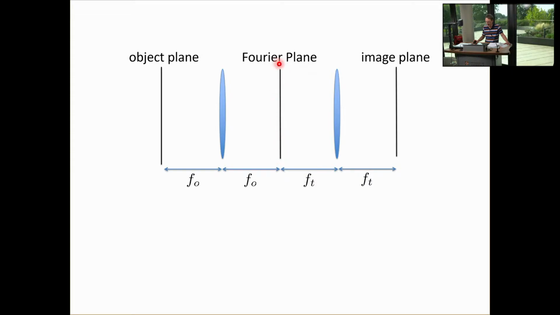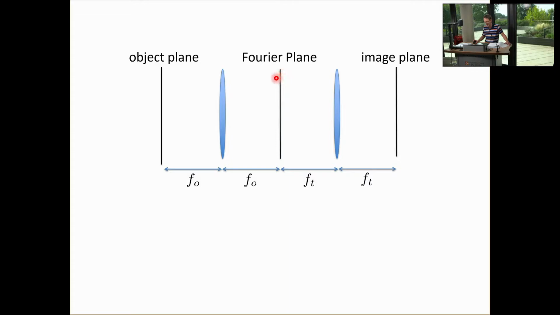And then essentially what we end up with here is the spectrum, the spatial frequency distributions of the object information, the object field distribution, here in the Fourier plane. And these spectral components are then used by the tube lens, which is again 1 focal distance ft away from this Fourier plane. It is then projected onto the image plane.